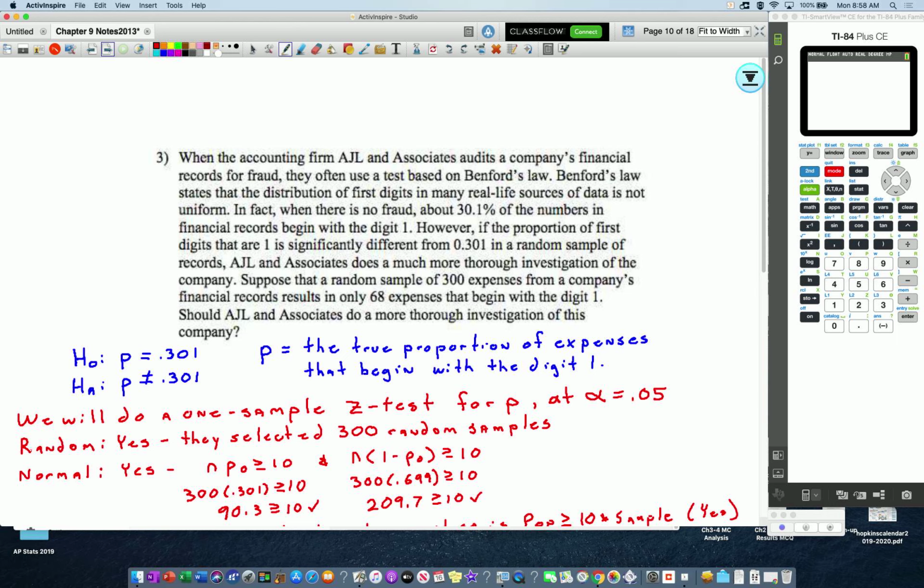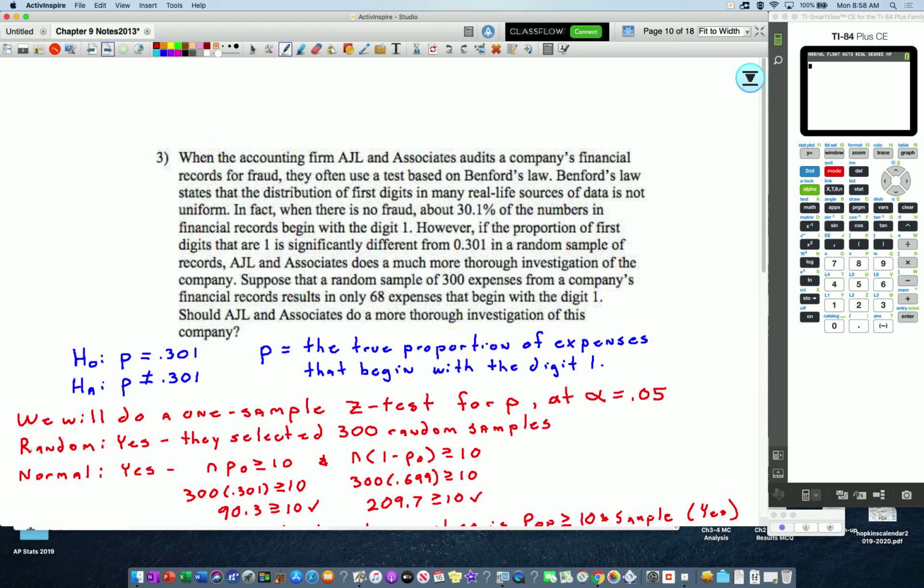However, if the proportion of digits that are 1 is significantly different from this 0.301 in a random sample of records, HAL and Associates does a much more thorough investigation of the company. Suppose that a random sample of 300 expenses from a company's financial records results in only 68 expenses that begin with the digit 1.